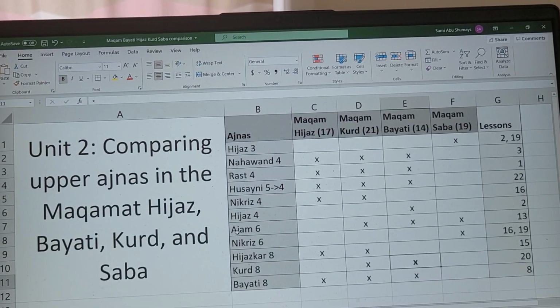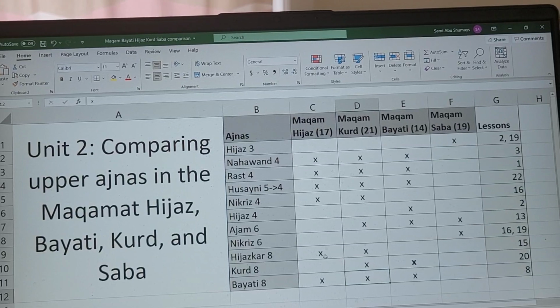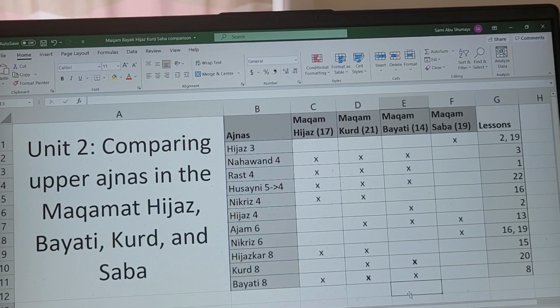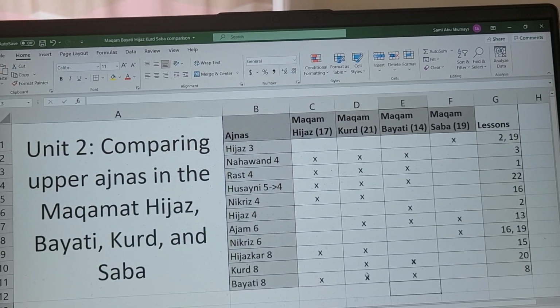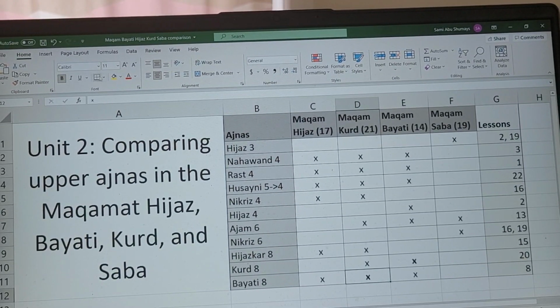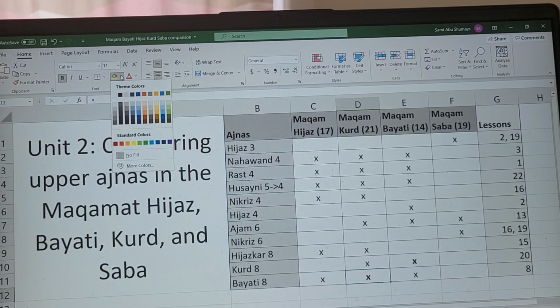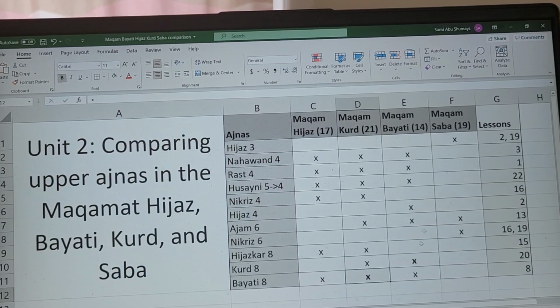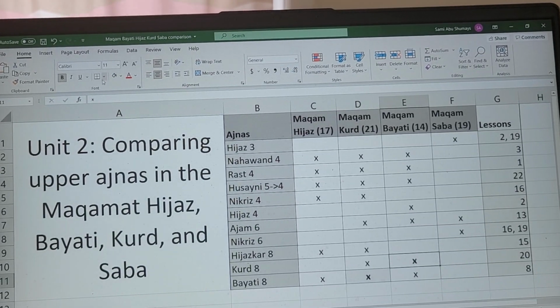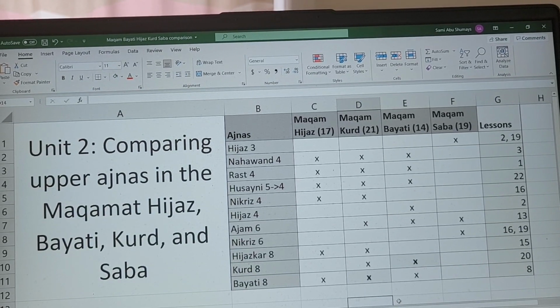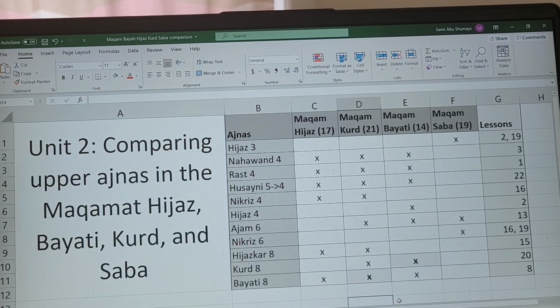Okay, and then this one, let's make this one bold also, as being extra special. We could even give it a little bit of a color. Make it this color so you see that there's something a little bit different, right? It's special that Bayati occurs on the octave of Kurd, and Kurd occurs on the octave of Bayati.